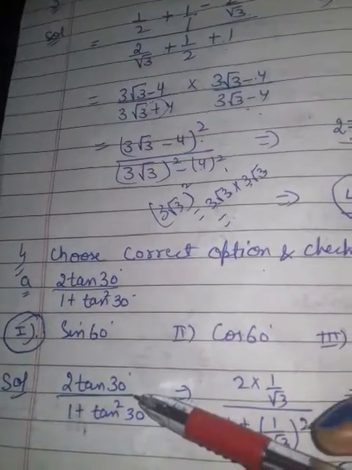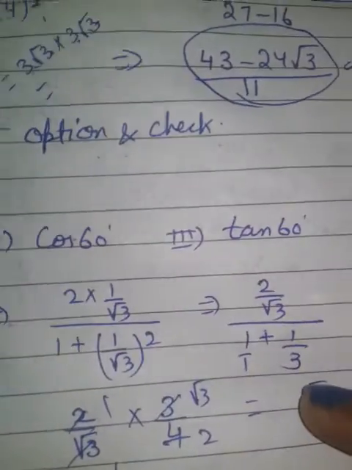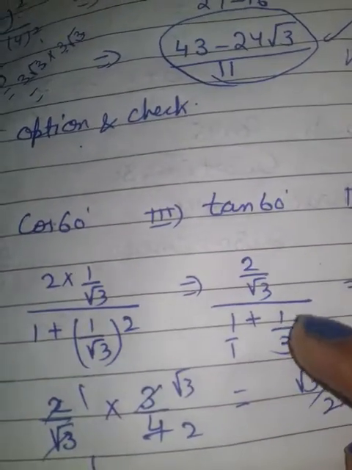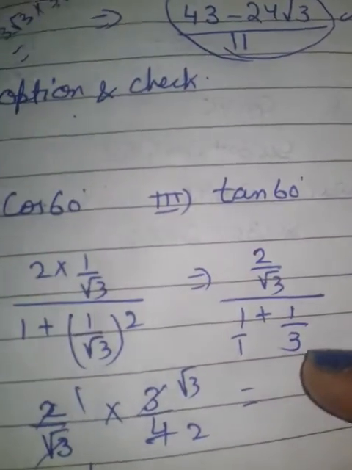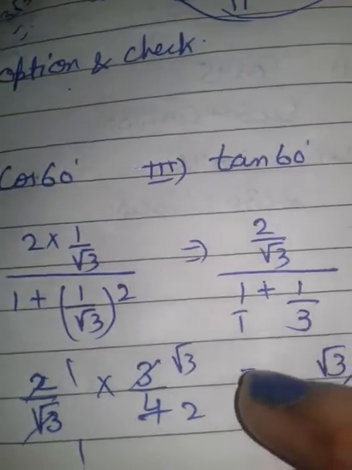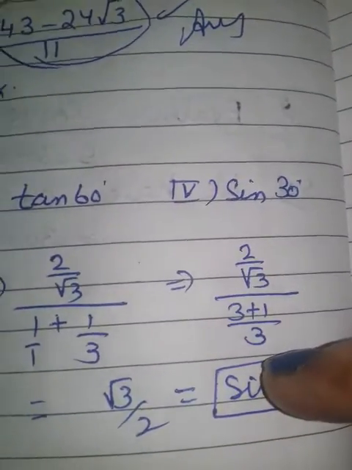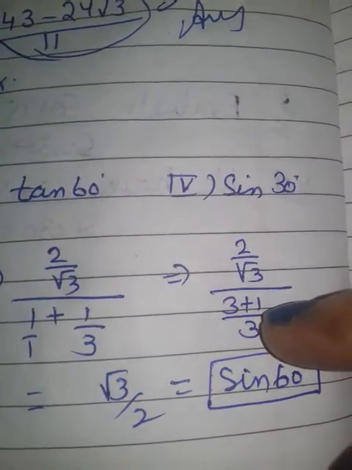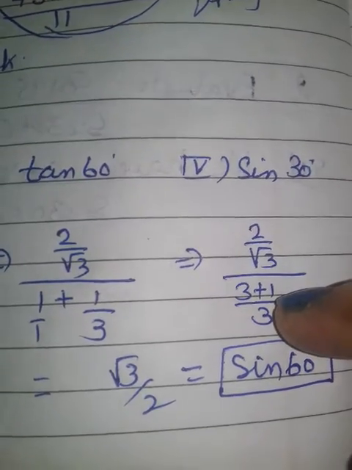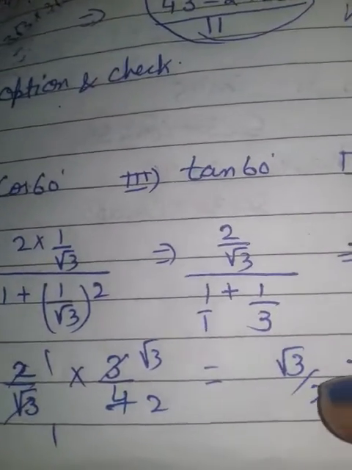I have taken, then I have written the values of tan 30. After that I got 2 upon root 3. 1 square is 1, root 3 square is 3 only. You know, a same term squared, only that is left. Then I have taken the LCM. After taking the LCM, this is multiplied with this. It is 4. 4 root 3 will become the denominator. 3 twos are 6.